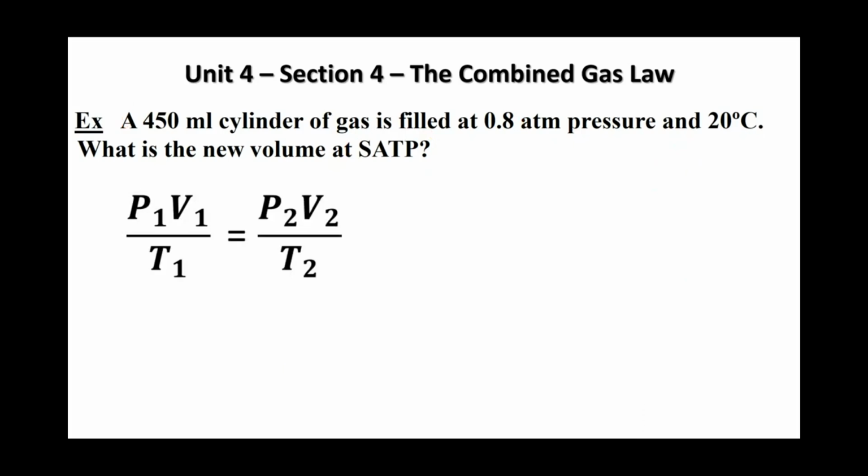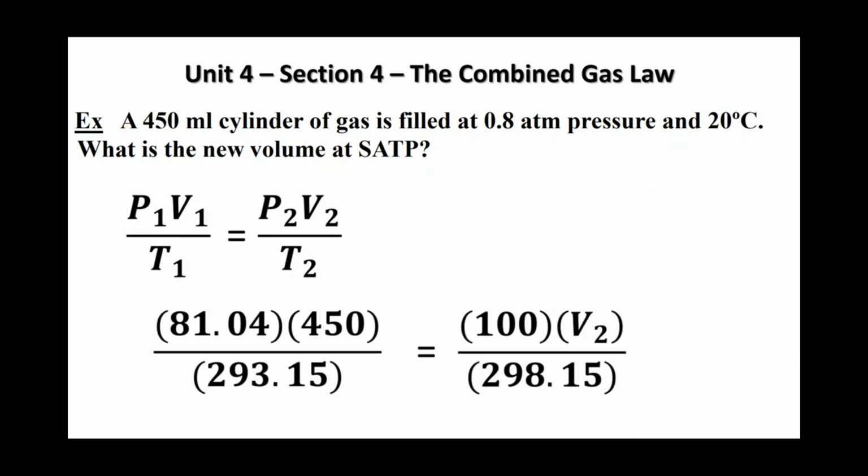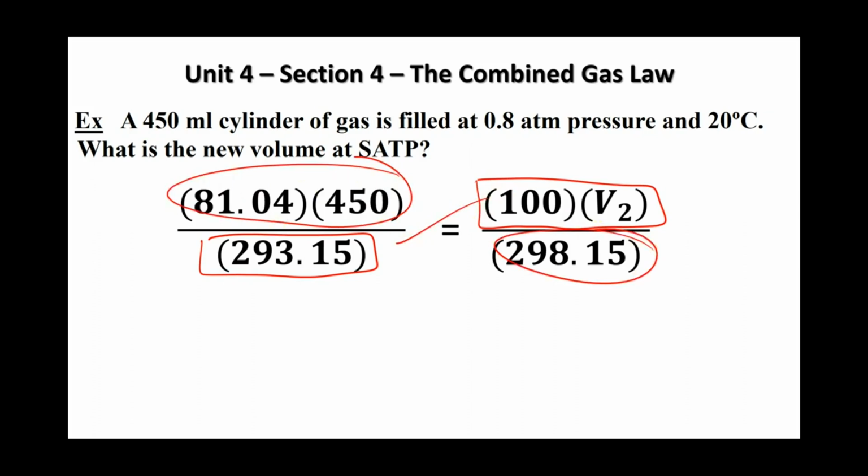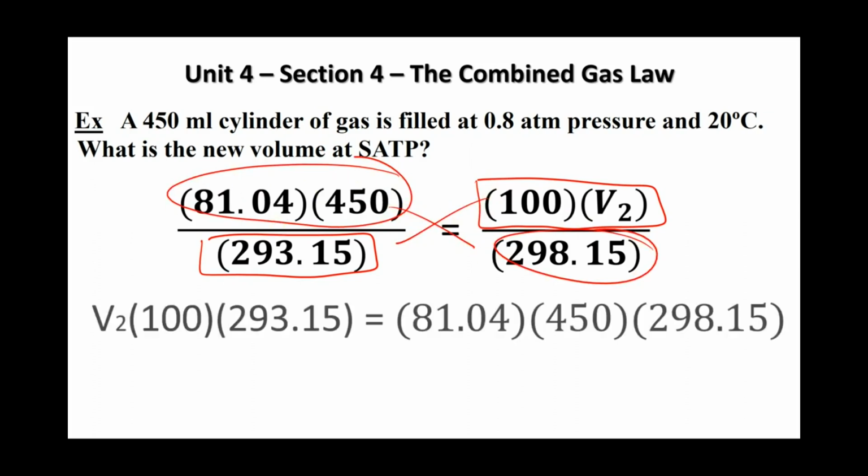So there's our gas law. There are our terms that we're putting in. Again, we're going to do some cross multiplying here. We're going to take the top and multiply by the bottom. Those will go together. And then that top and that bottom will go together as well. So there's all the terms written there.